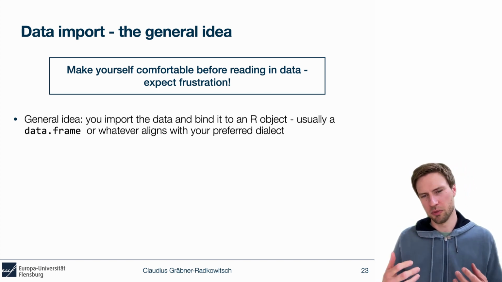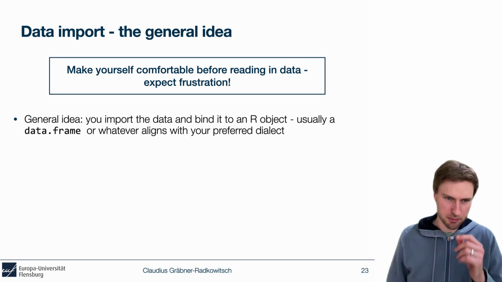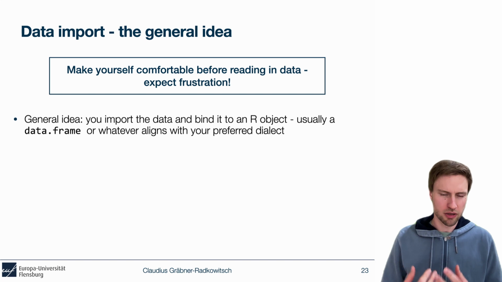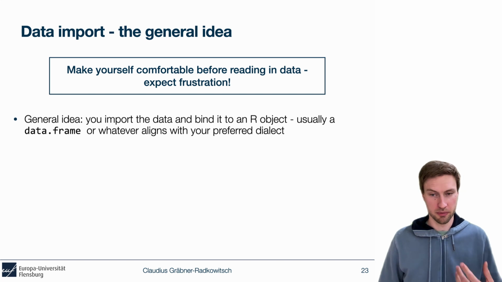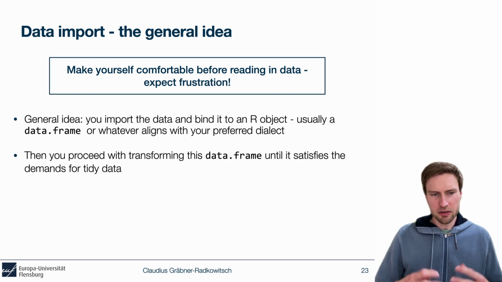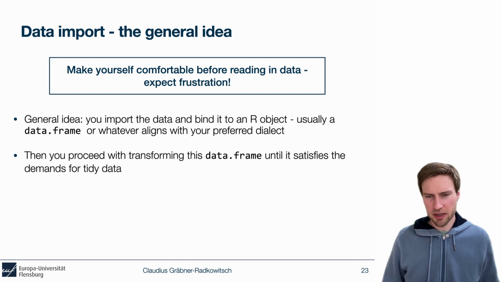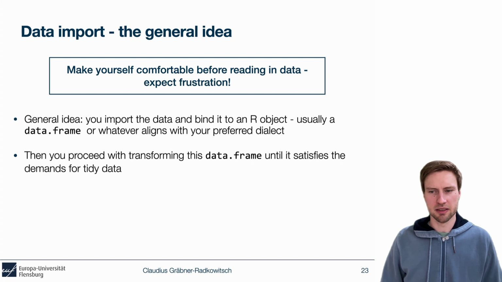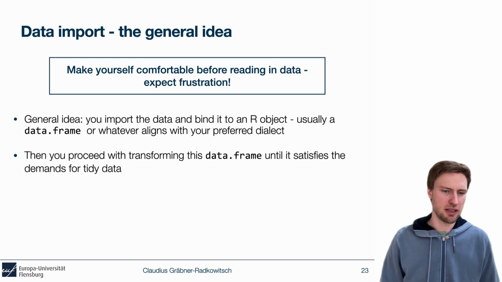Depending on whether you work with tidyverse or base or data.table, you should immediately transform the imported data into the data form that aligns more closely with the dialect you are most likely to use. Then you can proceed with transforming this data frame, tibble or data table until it satisfies the demand for tidy data.